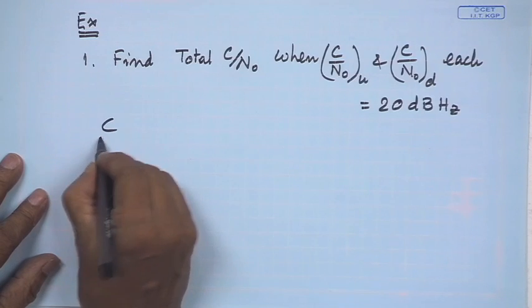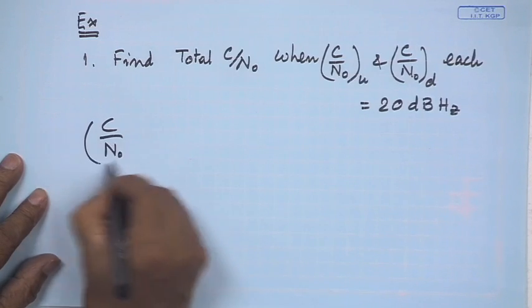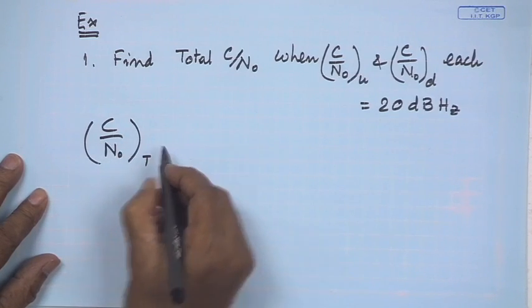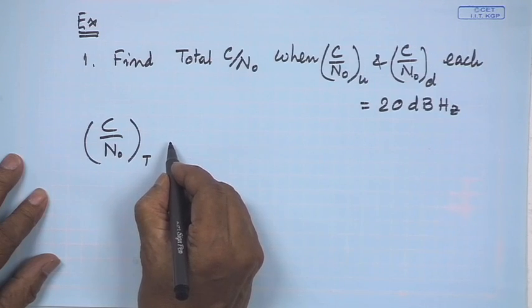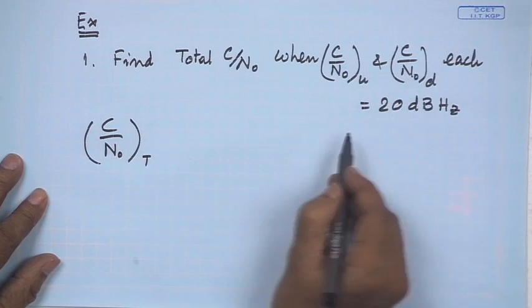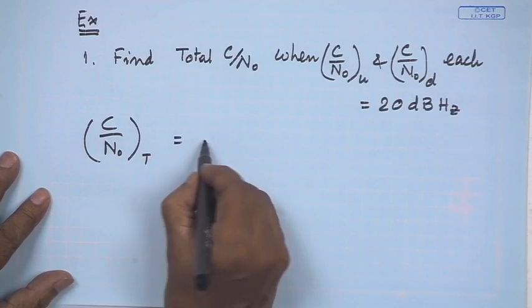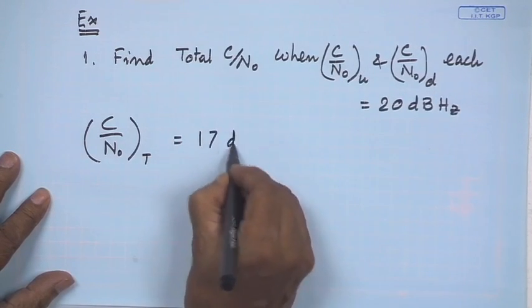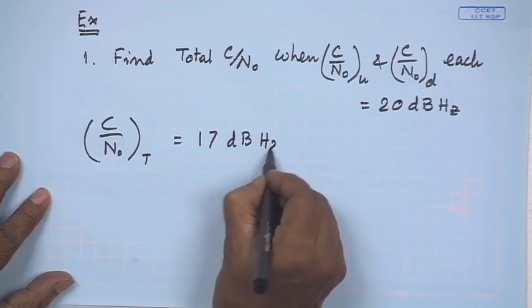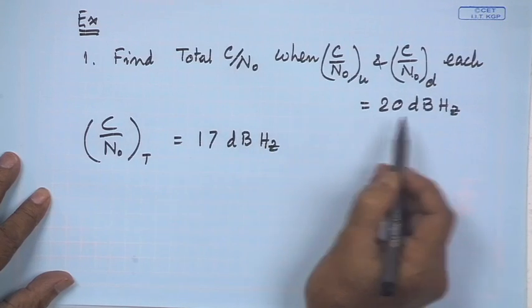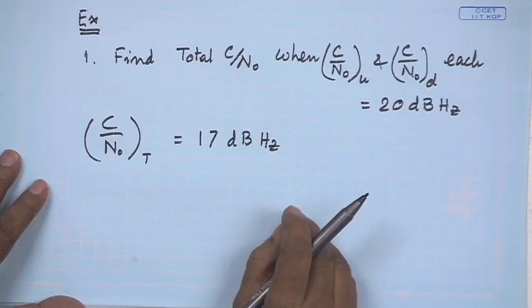Then what is the C by N0 total? That you can calculate. Actually, you should calculate in ratio, but as it is, we have seen it will be half of that, and half of that is 3 dB. So, it will become 17 dB hertz. When they are both same, it will be 3 dB down. So, 17 dB hertz.